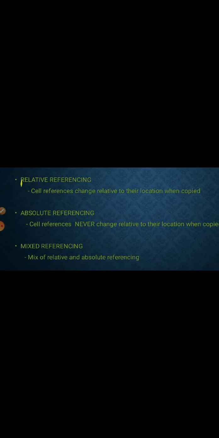This is absolute reference. Mixing of these two references is called mixed referencing. In absolute reference, we use the dollar sign, prefixed with the column label as well as the row number. So the three kinds of referencing are relative, absolute and mixed referencing.